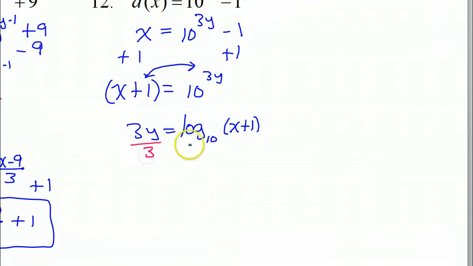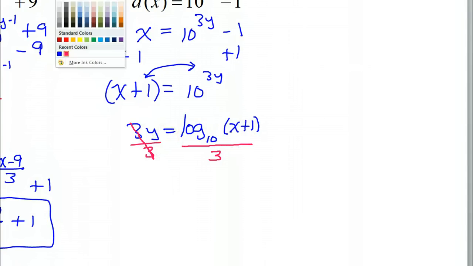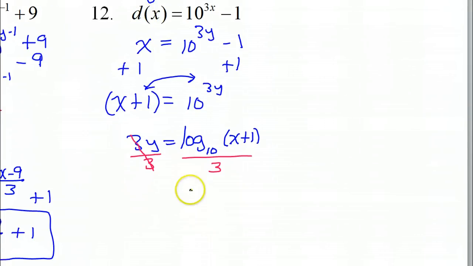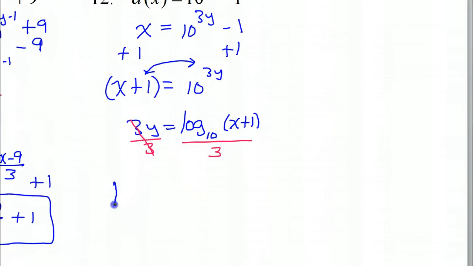And this is about to be the final answer, so I'm going to switch back to D mode. So let's put D inverse equals, all right, now I'm getting rid of the 10, it's understood, so log of x plus 1 all over 3.